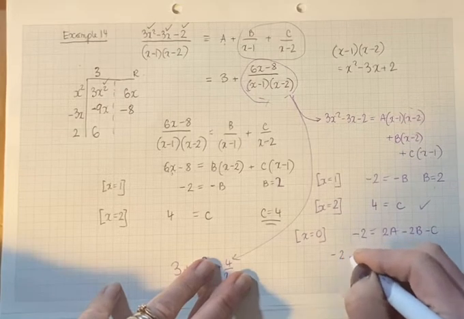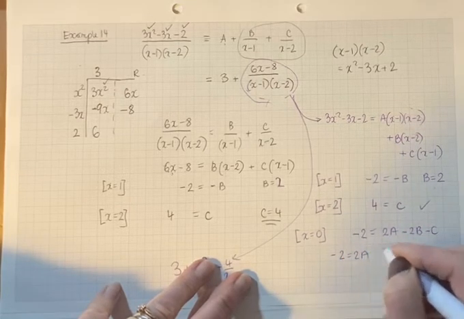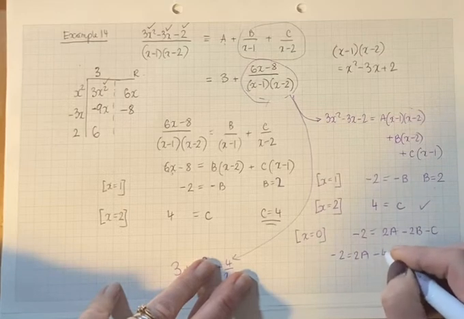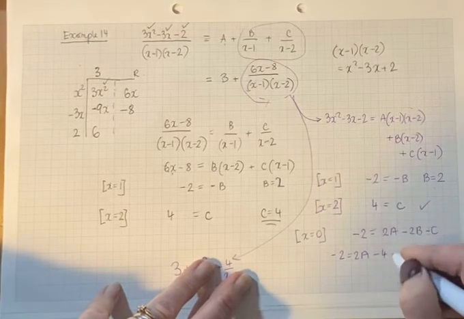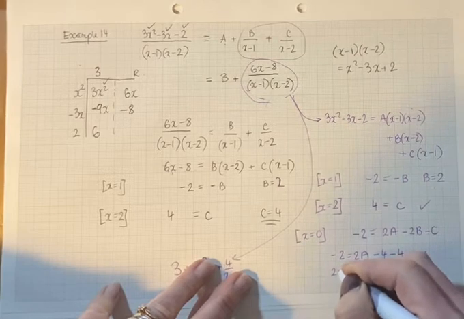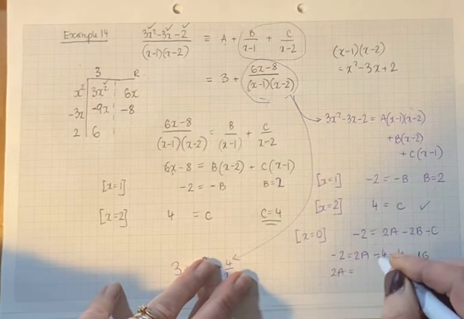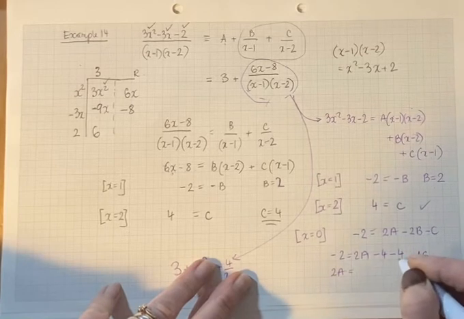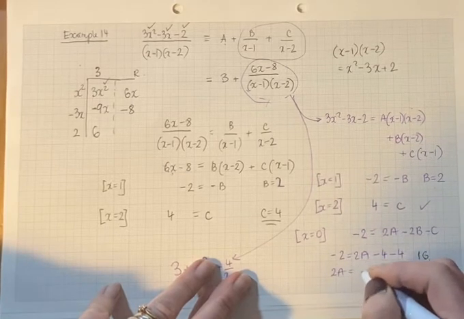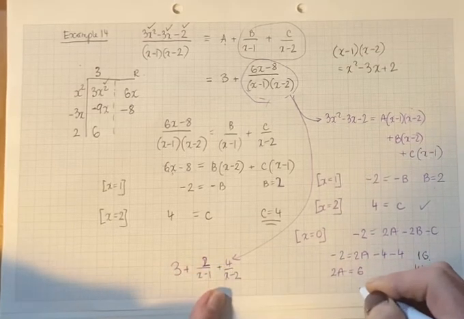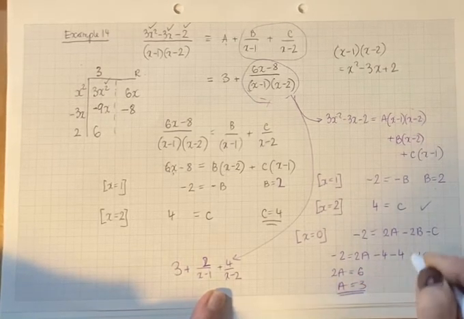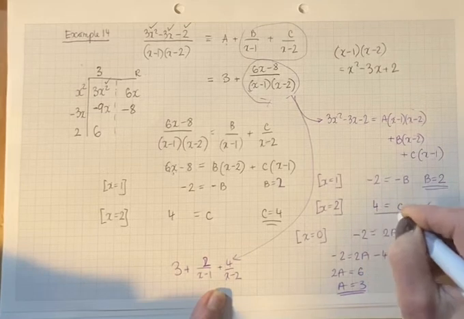You have minus 2 is equal to 2a, minus 2 times 2, which is minus 4, and minus 4. So 2a is going to be minus 4 becomes plus 4, and so plus 8, that gives me 6. So a is equal to 3. You get the same values as before.